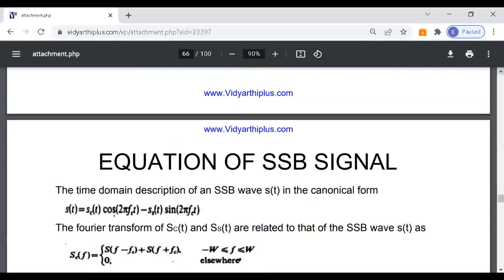Who can do that? Nobody can tell me, say, no, no, no, Fourier transform.